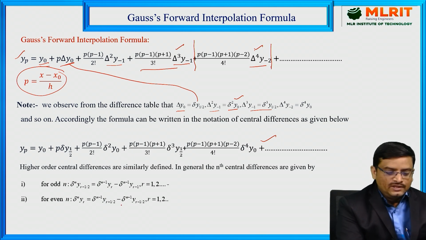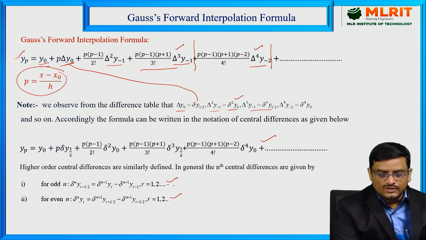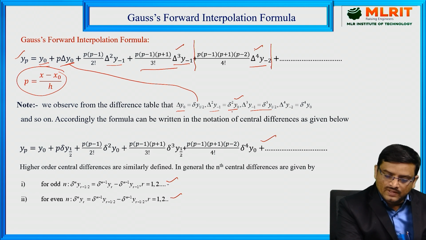So in general, these values are represented with standard formulas. Suppose if you want to go for small delta square y suffix minus 1, small delta square y suffix minus 2 or small delta square y suffix 2, all these values are represented with these standard formulas.